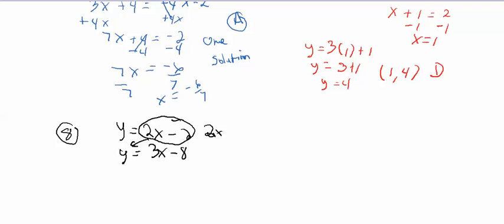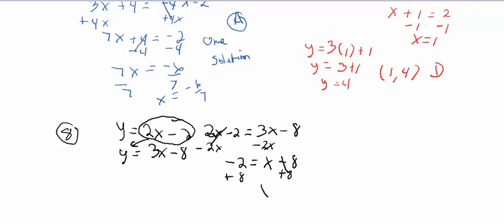So it's 2x minus 2 is equal to 3x minus 8. Subtract 2x, subtract 2x. Plus 8. My x is equal to 6.